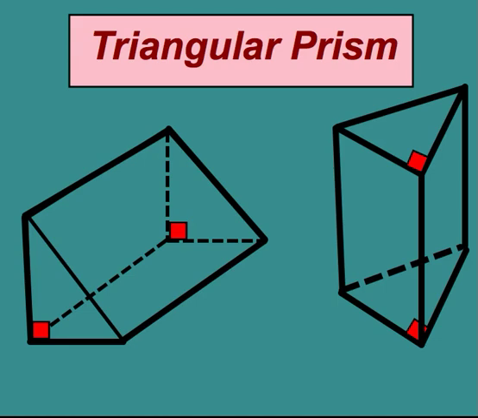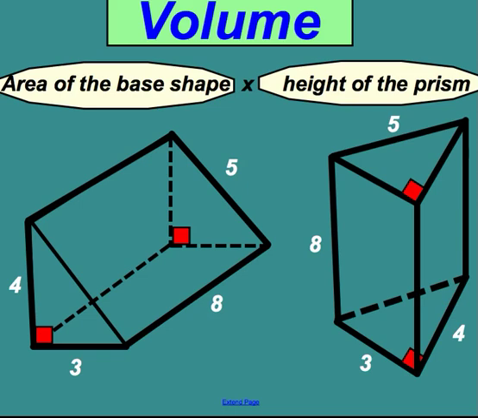Students have difficulty from time to time matching up numerical values to the given edges of their three-dimensional shape. No matter how you have your triangular prism represented, it's still done exactly the same way. The first thing we calculate is the volume of a prism, which is done by taking the area of the base shape and multiplying that by the height of the prism.